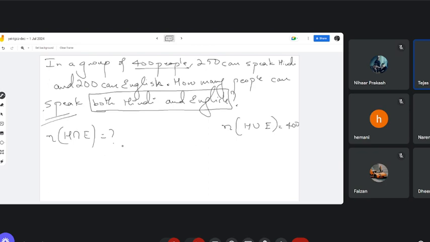Now, how many can speak Hindi? N of H is 250. How many can speak English? N of E is 200. See, if you observe the pattern, I started writing my data by reading the last thing: how many people can speak both? How many common people are there is what they're trying to ask. Now you apply the same formula.